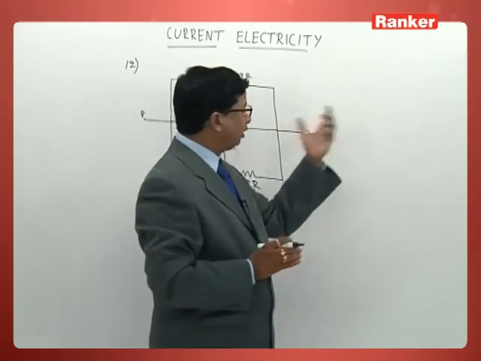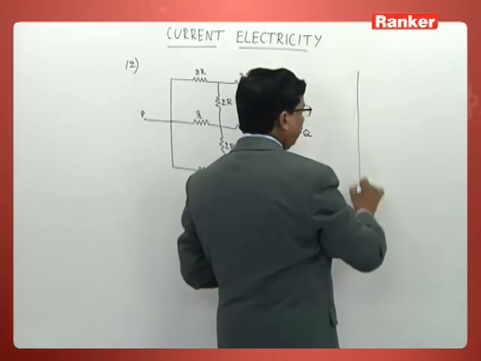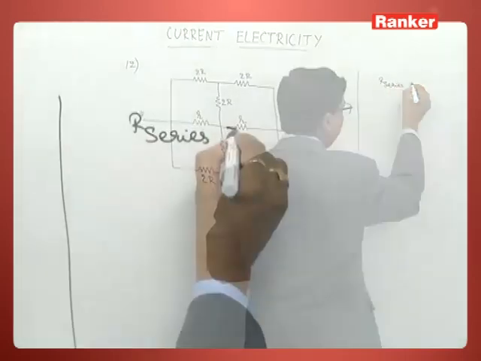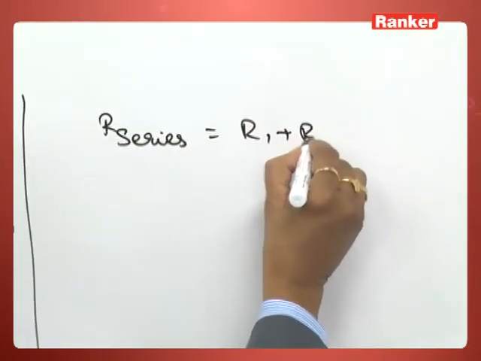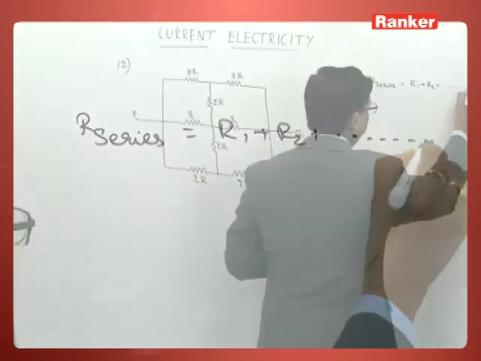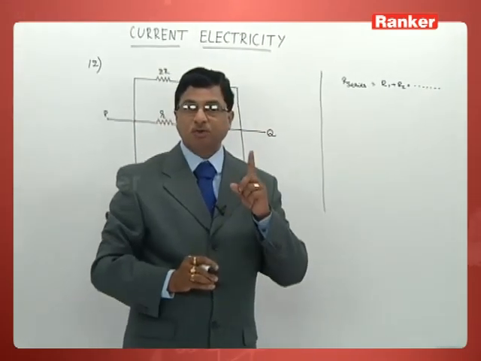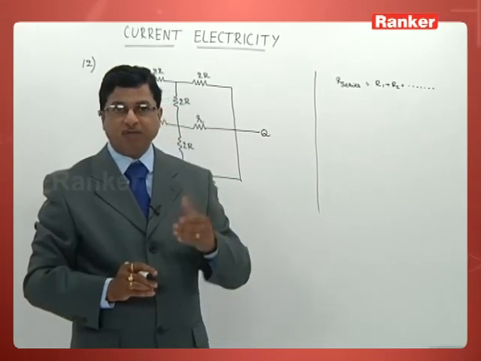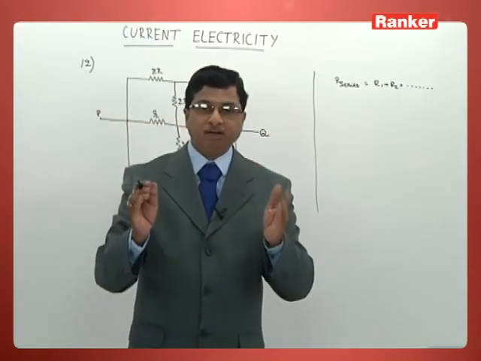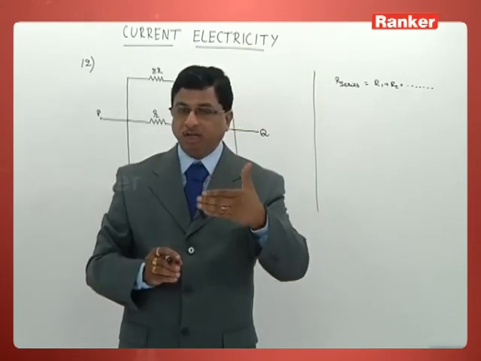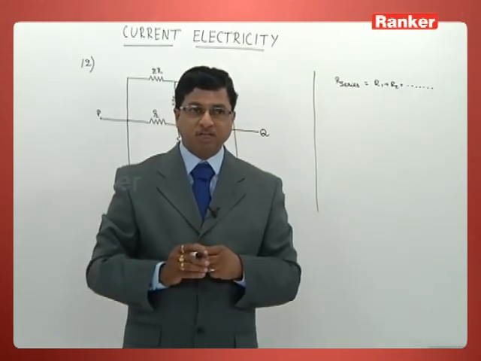So one should understand directly, when we consider a series circuit of resistances, R series will be R1 plus R2 plus R3 and so on and so forth. Resistances are going to be added up when they are all connected directly in series as such. That is one area one has to remember.